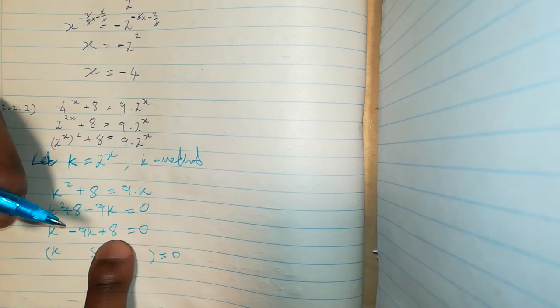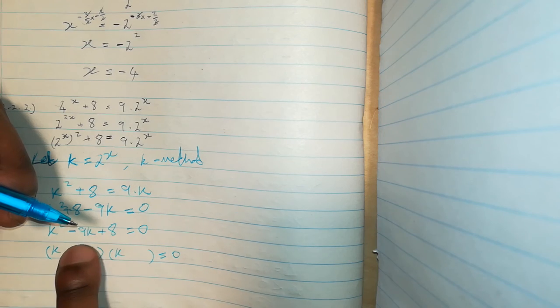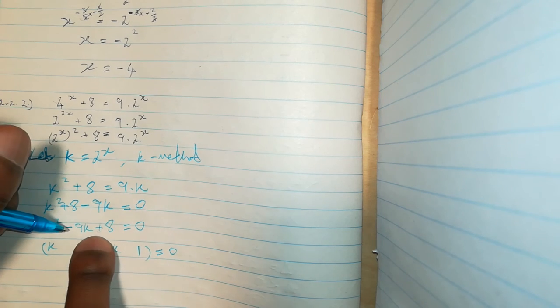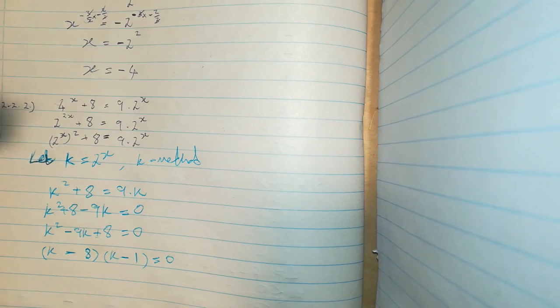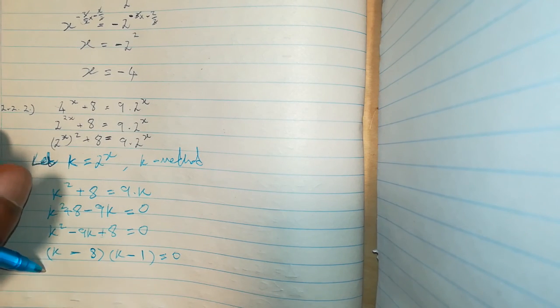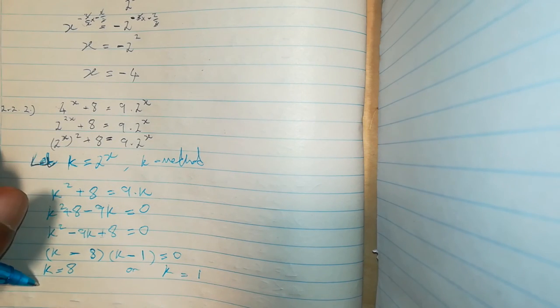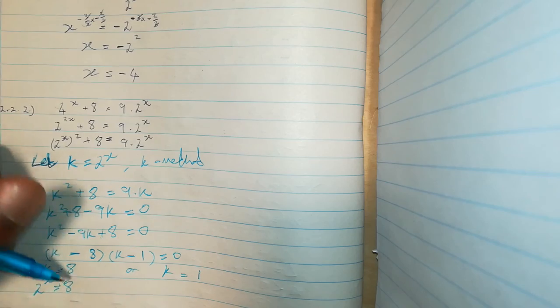So we want factors of 8 that when you add, they give you 9. It's 8 plus 1, which is 9. This tells you that both the signs must be the same, which you take from the middle term. So clearly here k is equal to 8, or k is equal to 1. But we know that k is equal to 2 to the power of x, so 2 to the power of x is equal to 8, or 2 to the power of x is equal to 1.